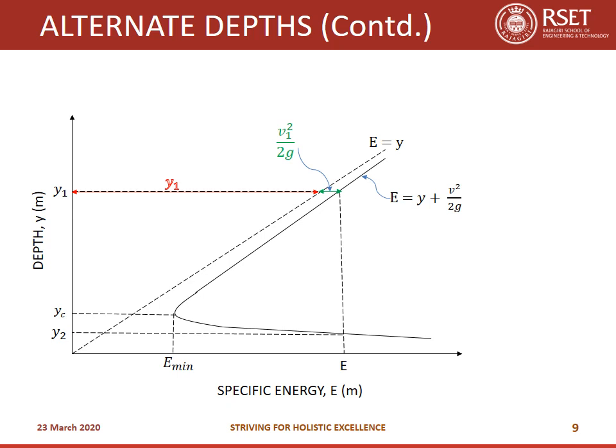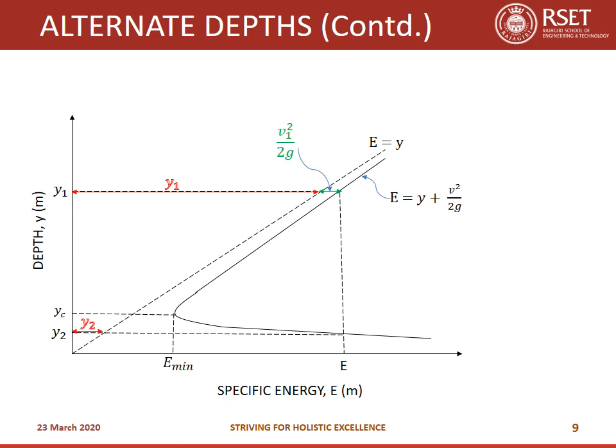Y1 is the horizontal distance up to the line E equal to Y, so the remaining distance has to be V1 squared by 2G. Now let's look at the value of Y2. The horizontal distance shown in red, up to the line E equal to Y, will give me the value Y2.